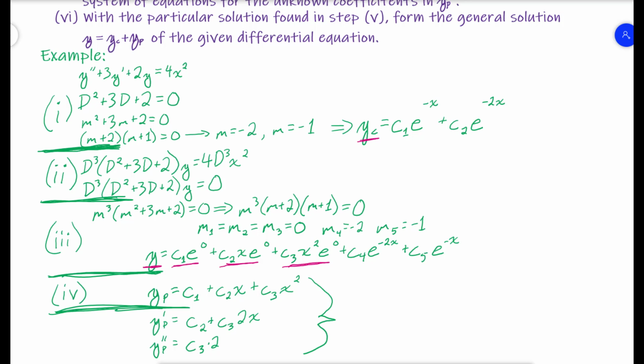So the second derivative, or 2c sub 3, plus 3 times the first derivative, so 3 times c2, plus 3 times 2, or 6 times c3 times x, plus 2 times y, so 2 times c1, plus 2 times c2 times x, plus 2 times c3 times x squared is going to equal 4x squared.